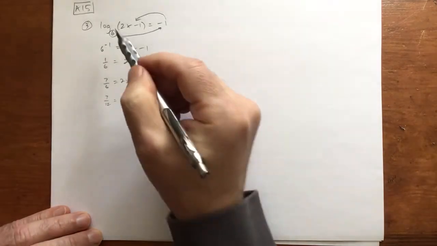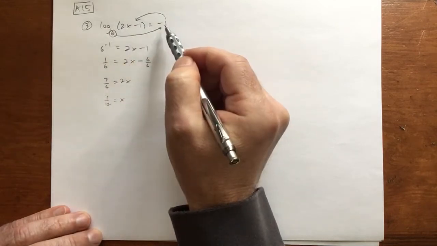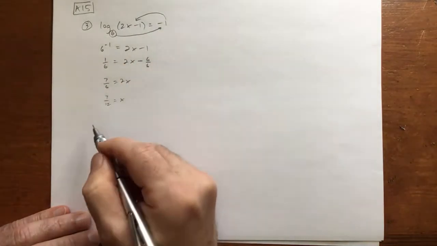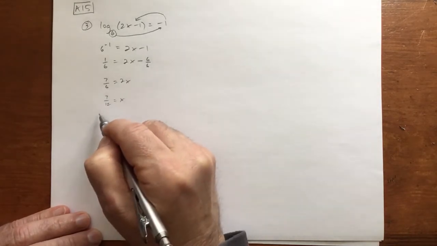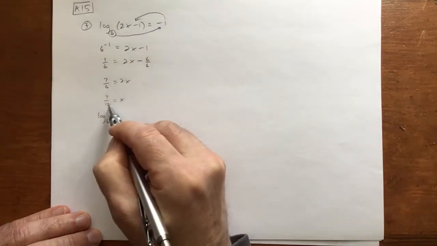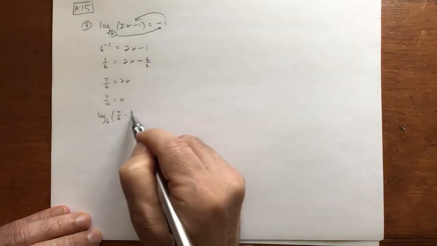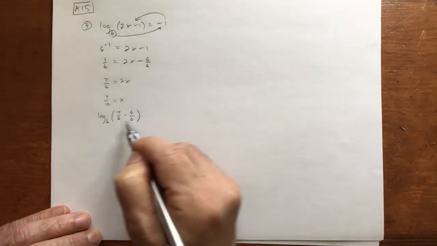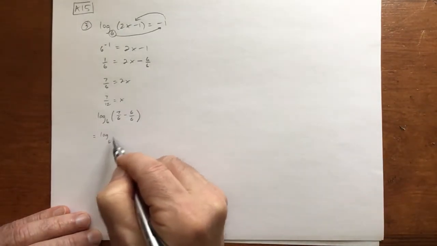We probably should go and check to make sure that this does make sense. Okay, it's always a good idea to check our solutions when we're dealing with kind of unfamiliar equations. And so let's see what happens. Log base 6, 2 times this will be 7 over 6 minus 6 over 6. Okay, and so I'm hoping that it equals -1, but let's go ahead and see what it does equal.